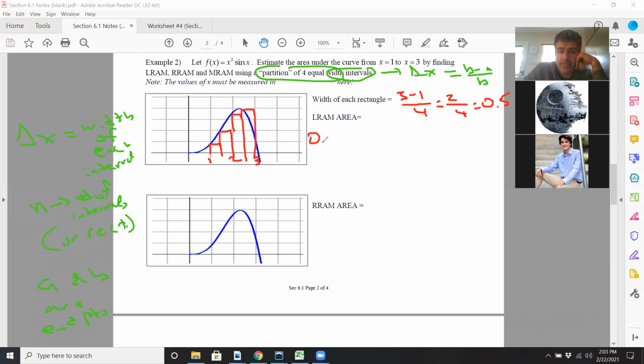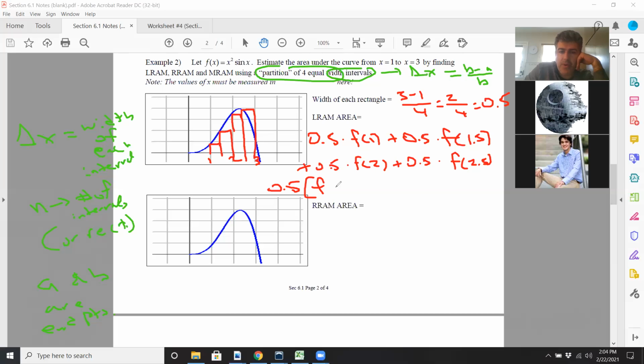Well, you're doing 0.5, that's the width of each of these rectangles, times f of 1, plus 0.5 times f of 1.5, plus 0.5 times f of 2, plus 0.5 times f of 2.5. By the way, you can consolidate this: push a 0.5 off to the side, doing f of 1 plus f of 1.5 plus f of 2 plus f of 2.5.